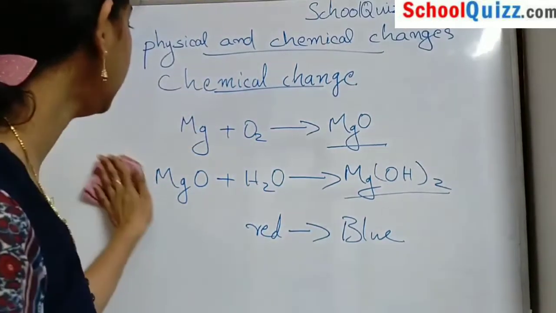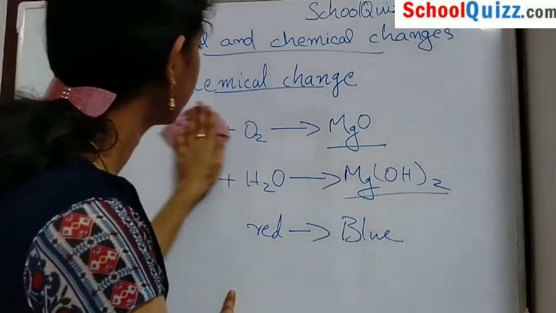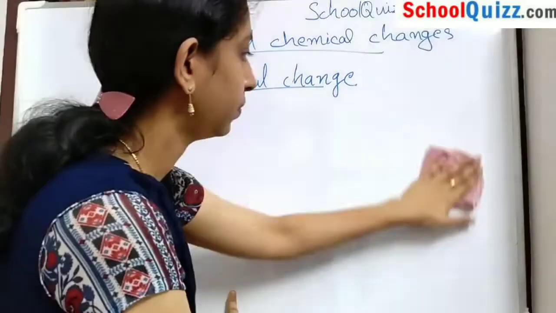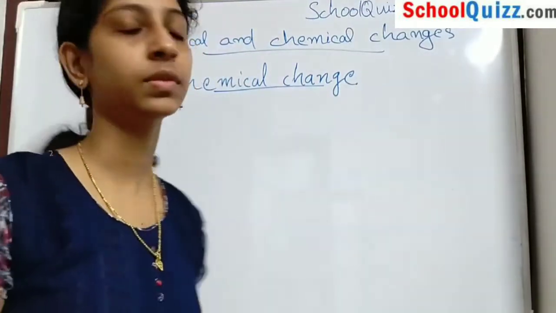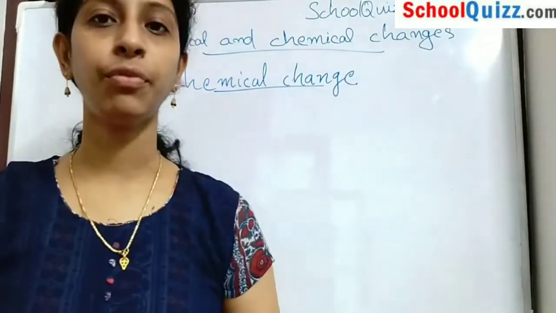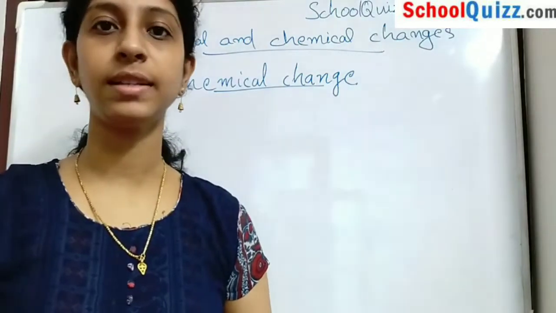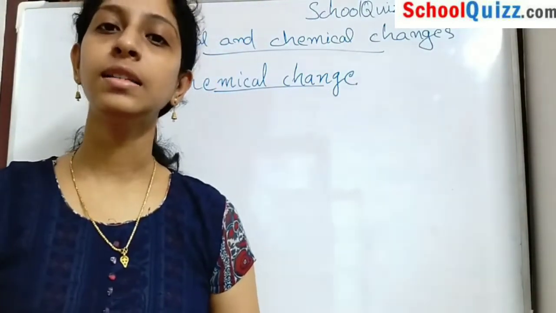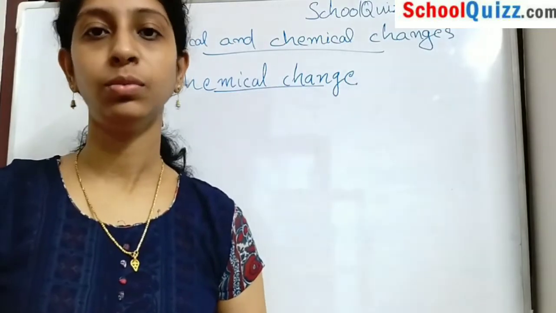For another example, we take a beaker with copper sulfate and add some sulfuric acid. The color of copper sulfate is blue.